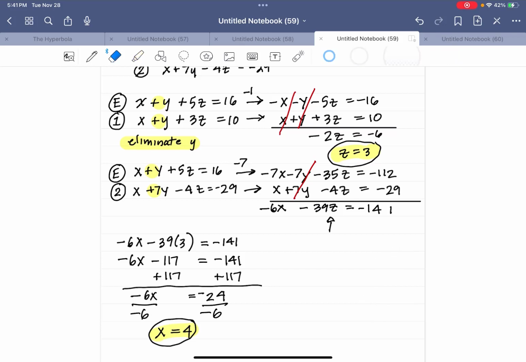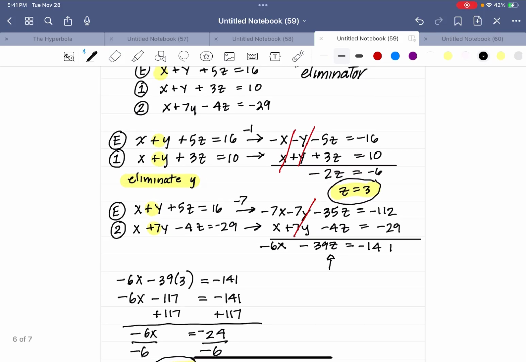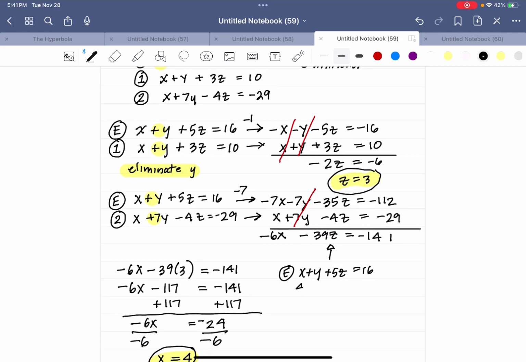I'm going to find the y in any of the originals. I'll just go with the eliminator, okay? So it's x plus y plus 5z is 16. So x we got was 4.